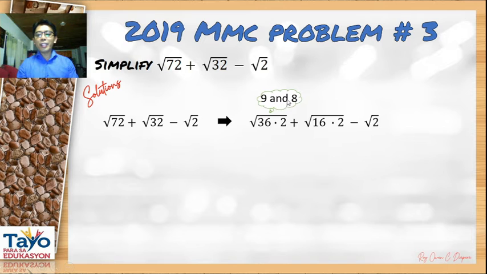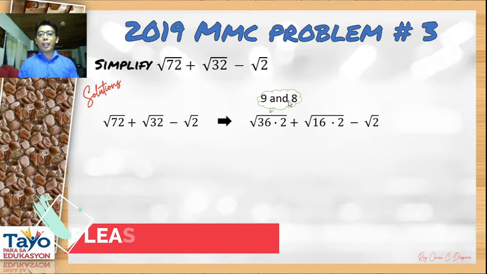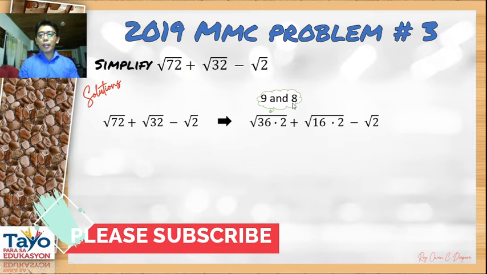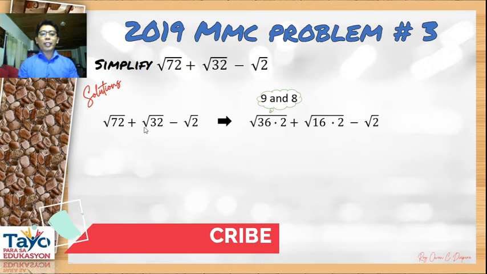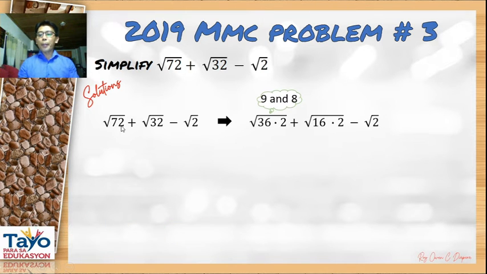Why will we not use 9 and 8? Because 8 still has a factor, which is 4 times 2. So that is why we are not using 9 and 8. You can actually use 9 and 8, but you are going to simplify further along the way. So we choose 36 and 2 as factors of 72.